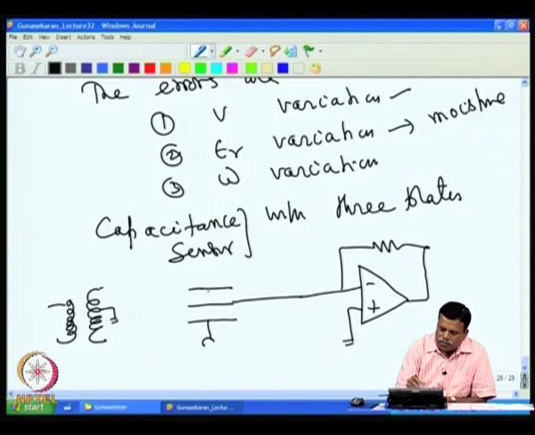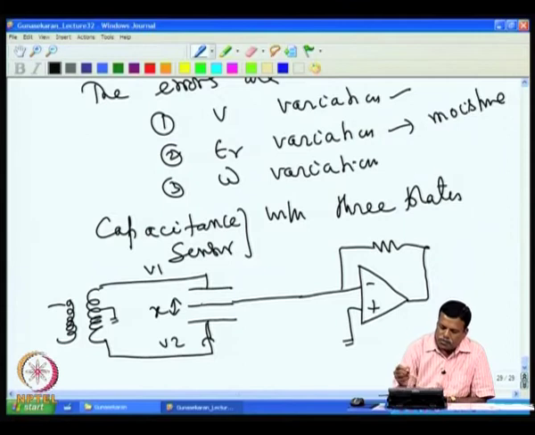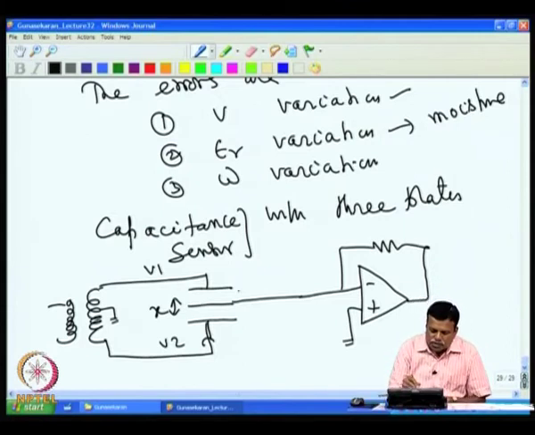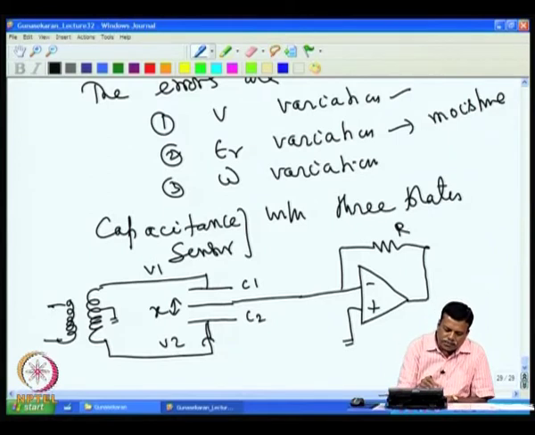So, we will get equal voltages here and opposite voltage here. For example, we will have V1 here, V2 here, and the displacement x moves the center plate back and forth. Between these two you have capacitance C1, between these two you have capacitance C2, and you have the resistance R.